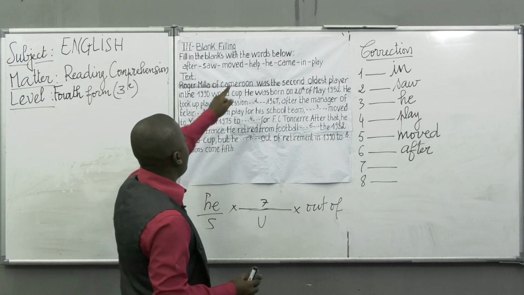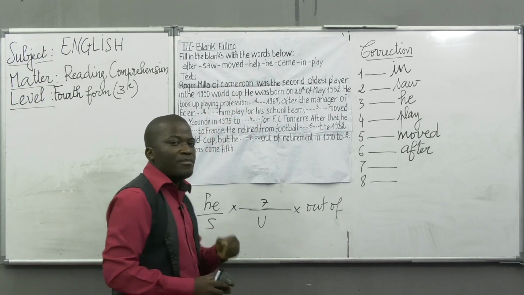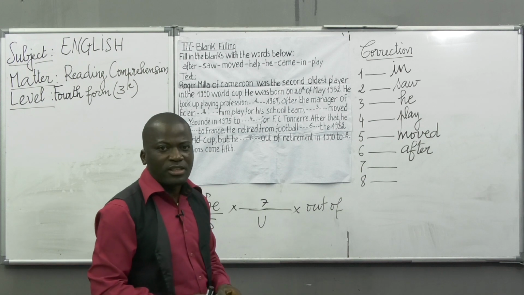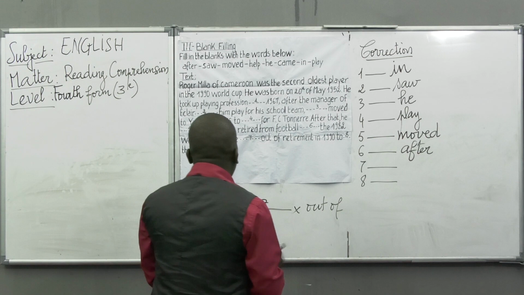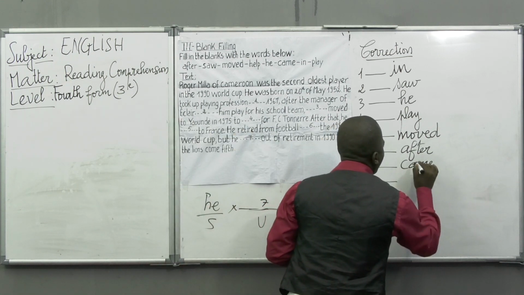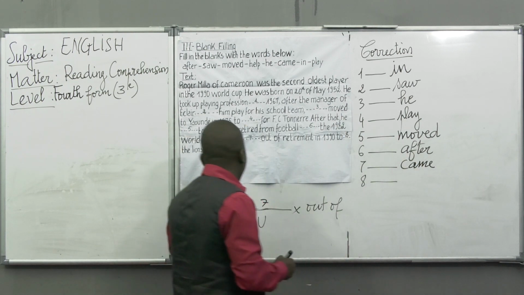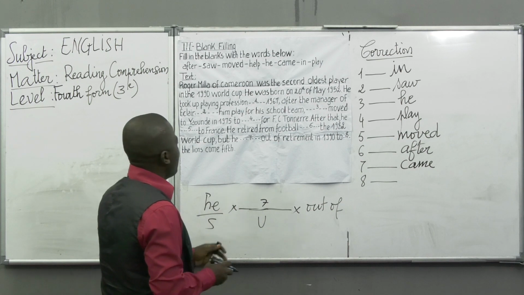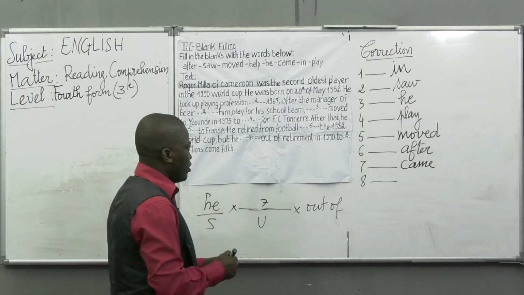Which one is conjugated between help and came? Came is conjugated in the past. Then we're going to take came. Good, class. He came out of retirement in 1990.